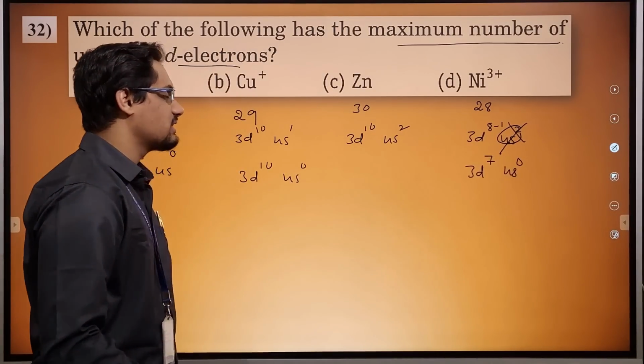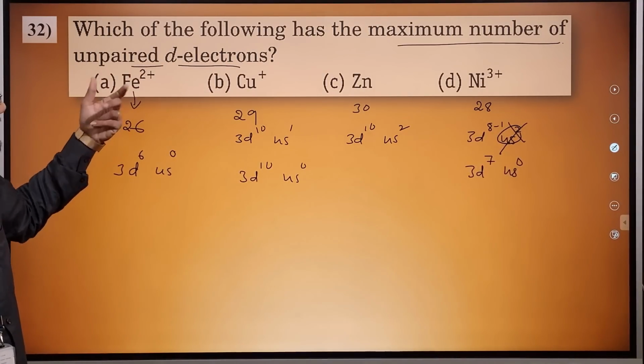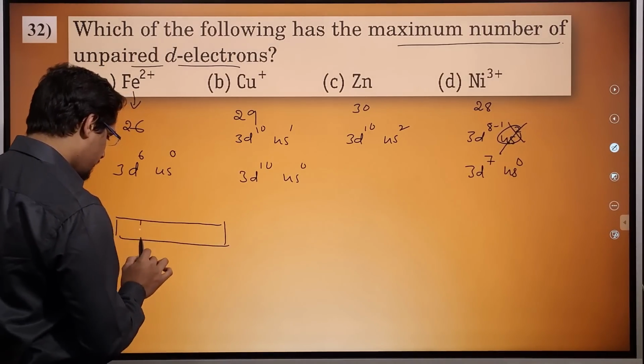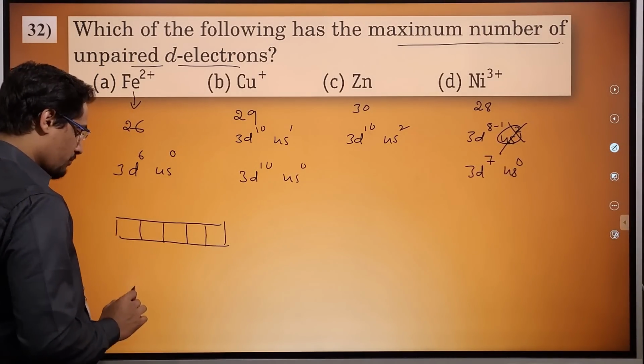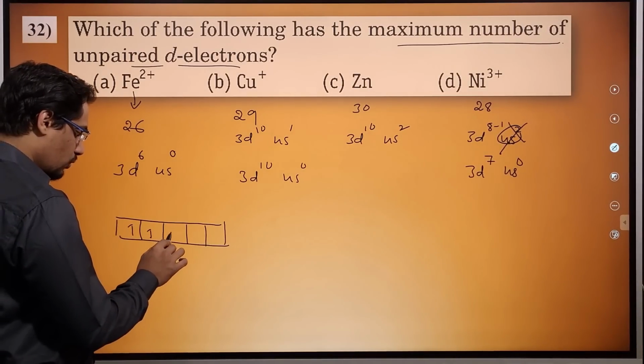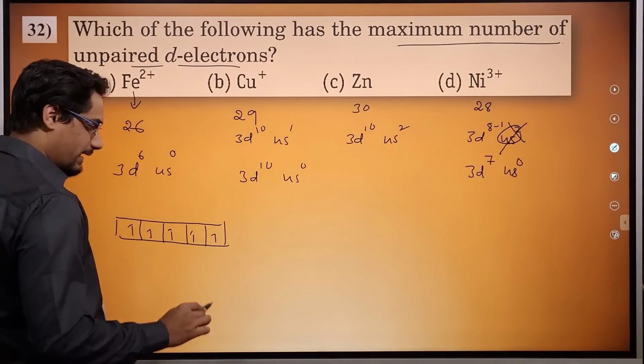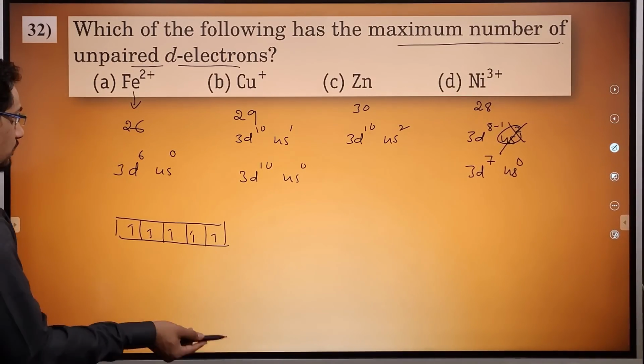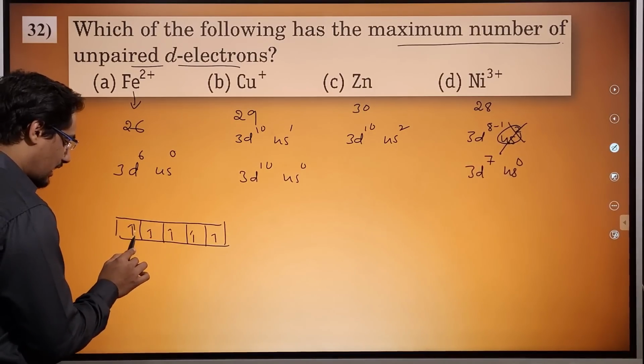They have asked for the maximum number of unpaired electrons in the d orbitals. How many orbitals do we have in the d subshell? 5, right? So 1, 2, 3, 4, 5. So d5 contains the maximum number of unpaired electrons, and the next electrons start pairing.